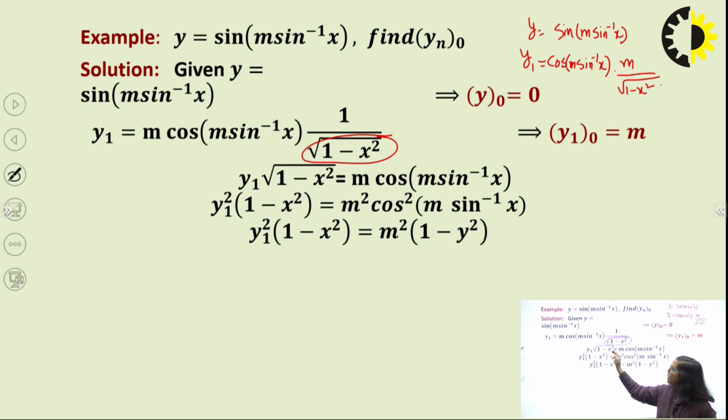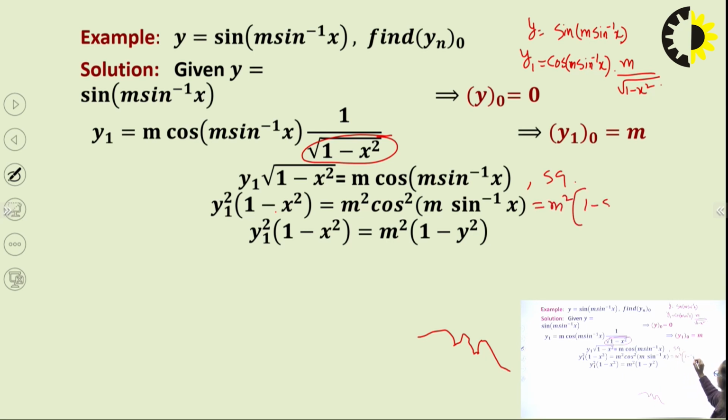To remove the under root, we square both sides. We get y1 square (1 minus x square) equal to m square cos square(m sin⁻¹x). I write this as m square into 1 minus sin square(m sin⁻¹x), since sin square θ plus cos square θ is always 1.